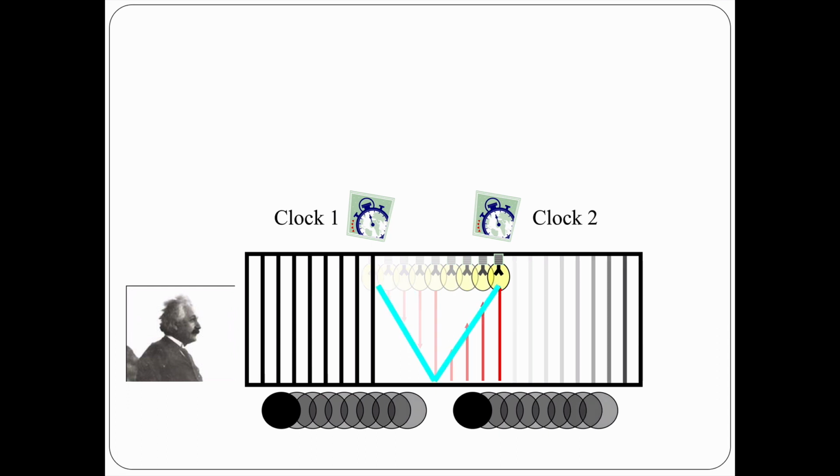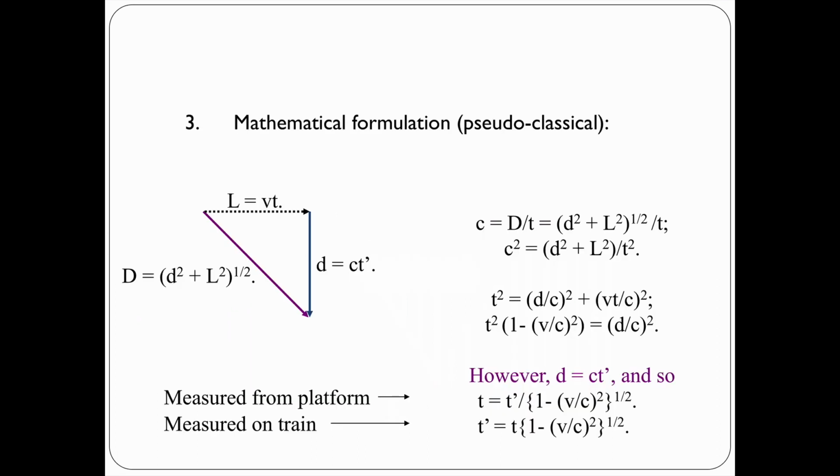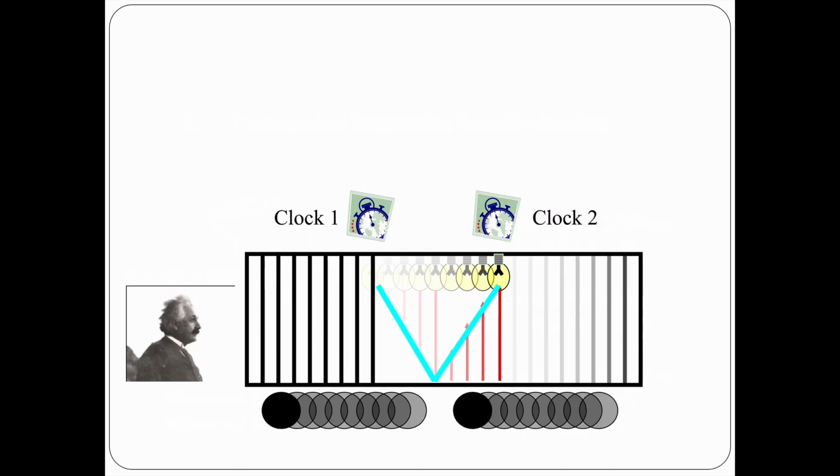Now, if you are Uncle Albert and you want to know how long it took light to go from the light bulb to the floor of the train and back again, that is, you're looking in the train and you're trying to communicate to that person in the train how your clock is running, you would say that the time it took was this distance plus this distance divided by c.